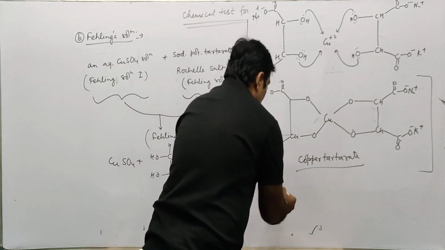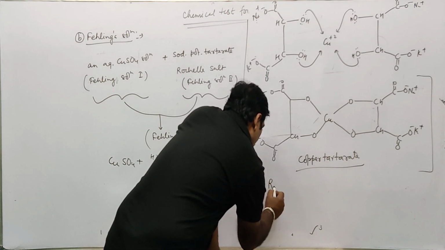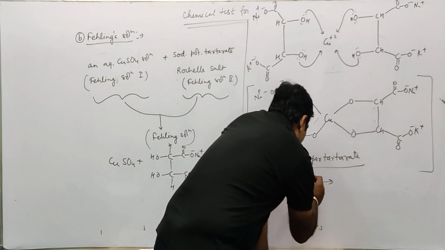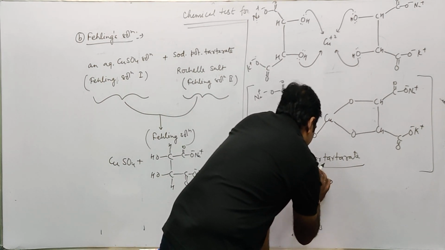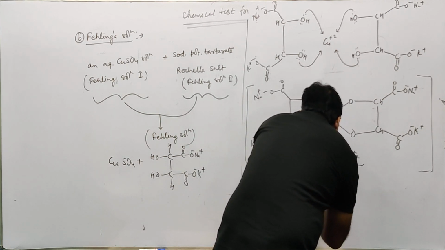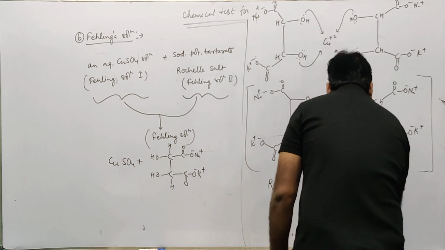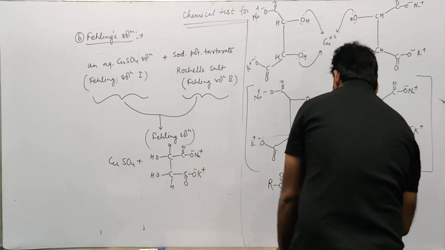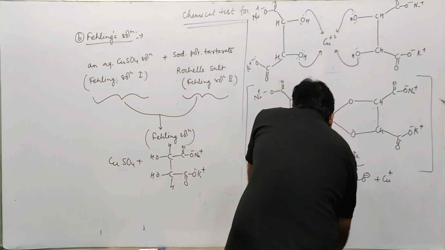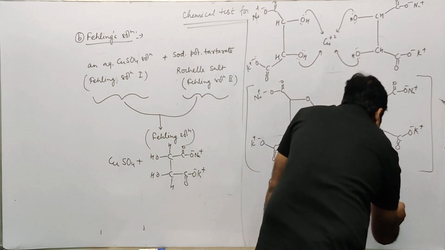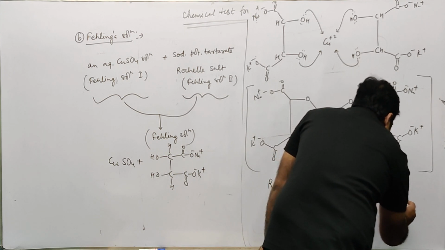Aliphatic aldehyde, RCHO, when treated with Cu2 plus, since the solution is alkaline, becomes RC double bond O minus plus Cu plus. The blue colored solution is discharged, and it forms a red precipitate of cuprous oxide.